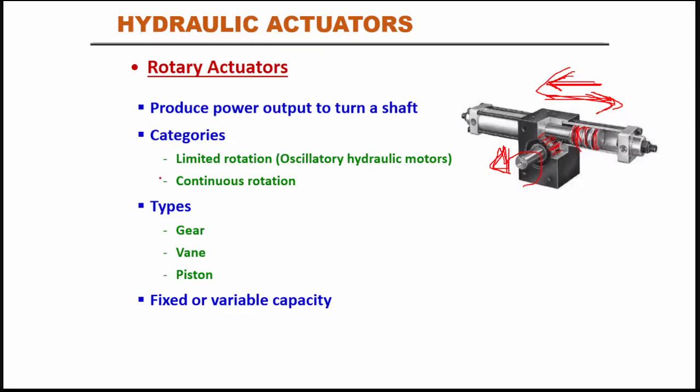Then the rotary actuator categories: limited rotation and continuous rotation. Limited rotation means oscillatory hydraulic motors. Then here you can see the rotary actuator types: gear types, vane types, piston types.